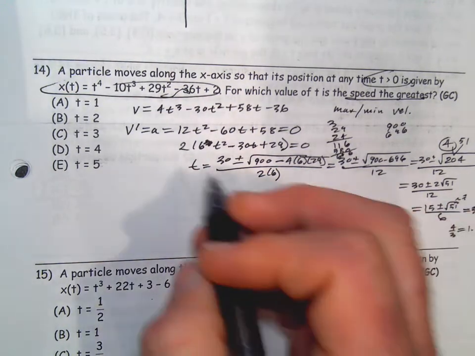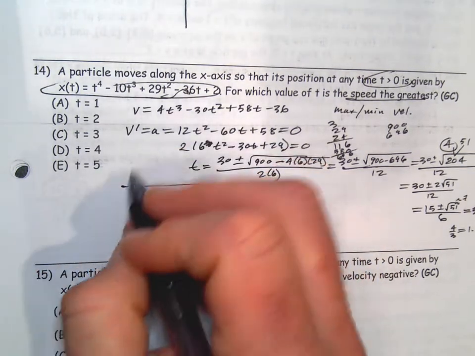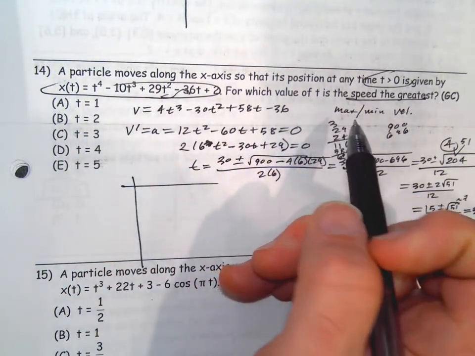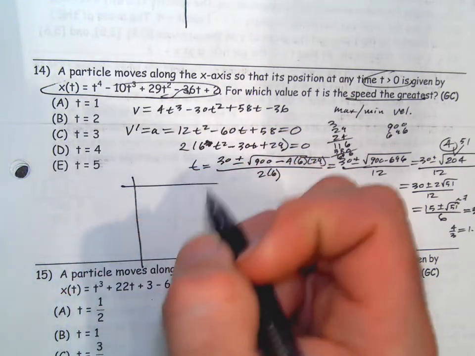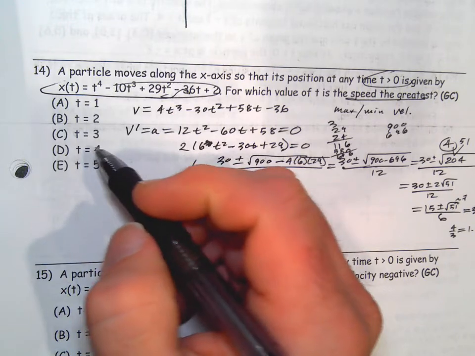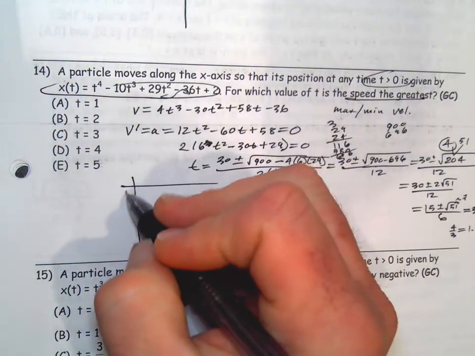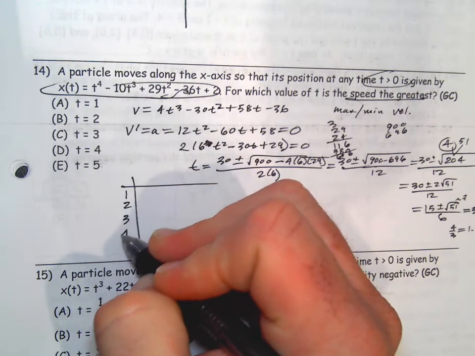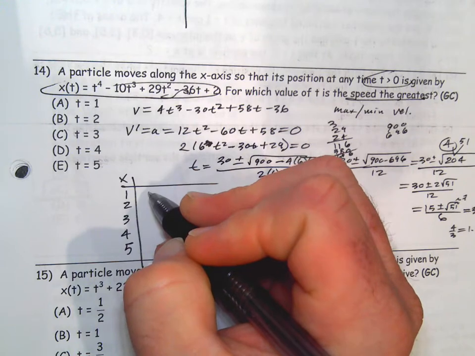You know, and if we were to do a table, now all these answers said for which value is speed the greatest. So it's not necessarily the actual greatest, but we could, I guess, from what you choose from, see which one is the greatest speed.